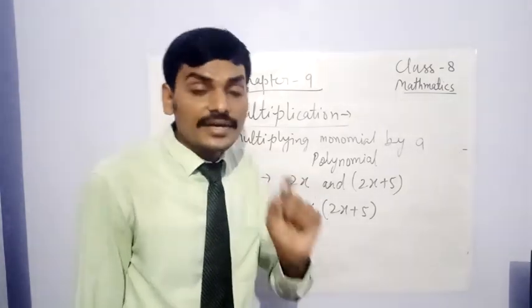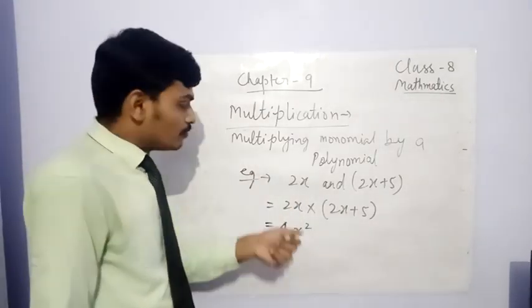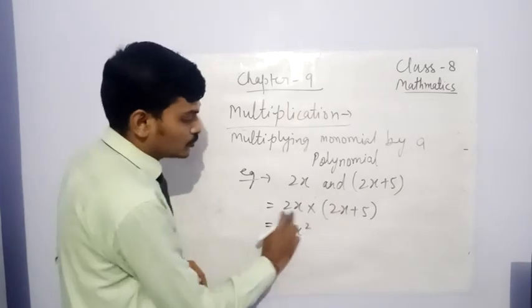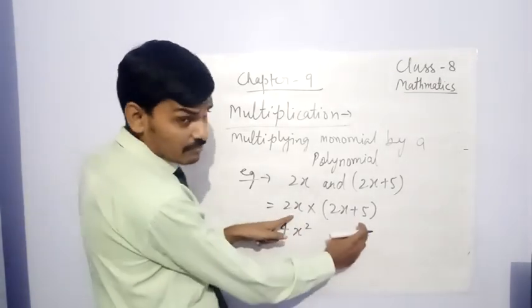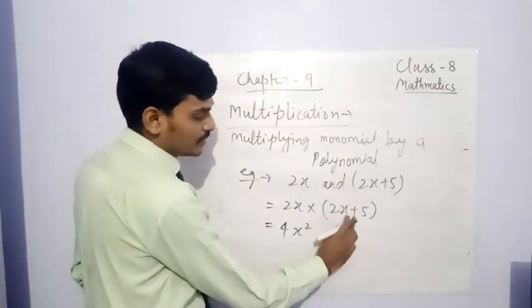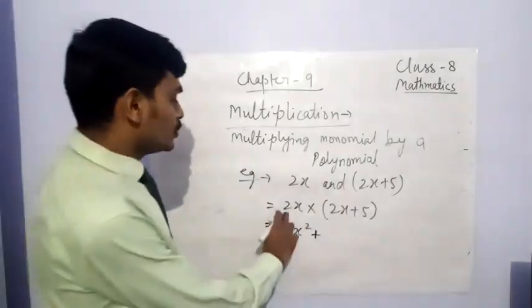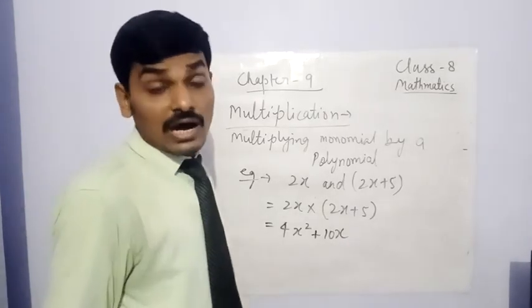You have to concentrate on the sign also. So 2x into 2x is 4x square. Now multiply the 2x by 5. So 2 5s are 10. Here plus sign, here plus sign, so here will also be plus sign. So 2 5s are 10x. So this is your answer.